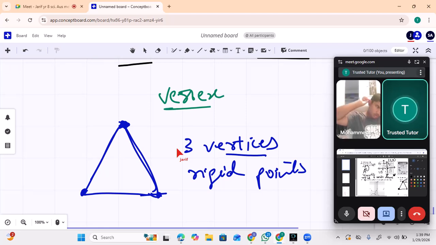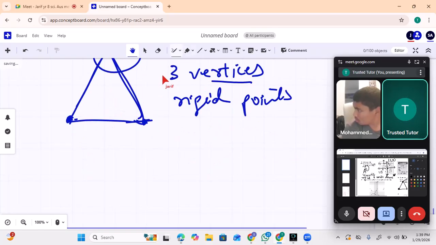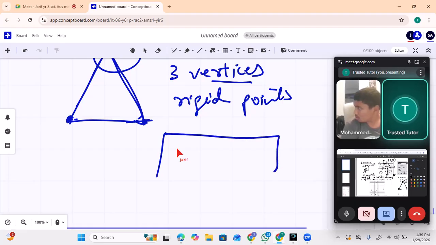They're the points where this line meets this line, this meets this, and this meets this. So when the lines attach together, those points are called vertices, and one point is called a vertex. So tell me, how many vertices are in a rectangle?